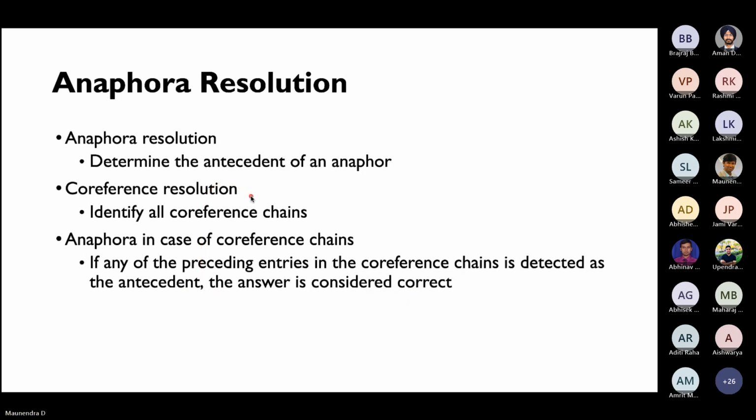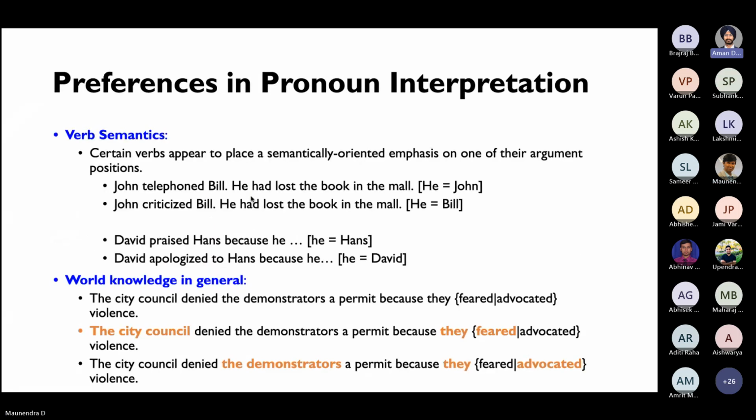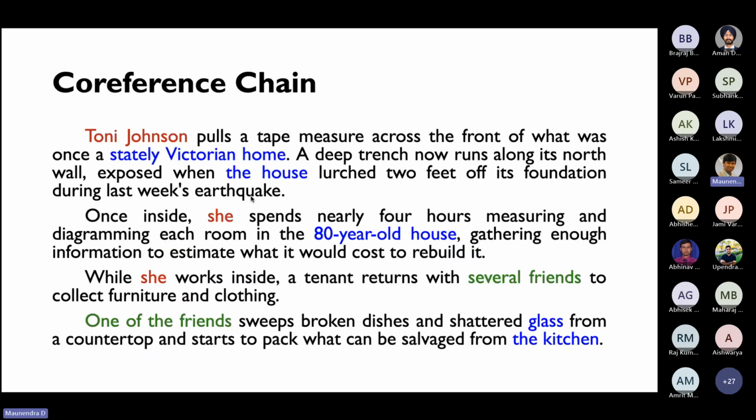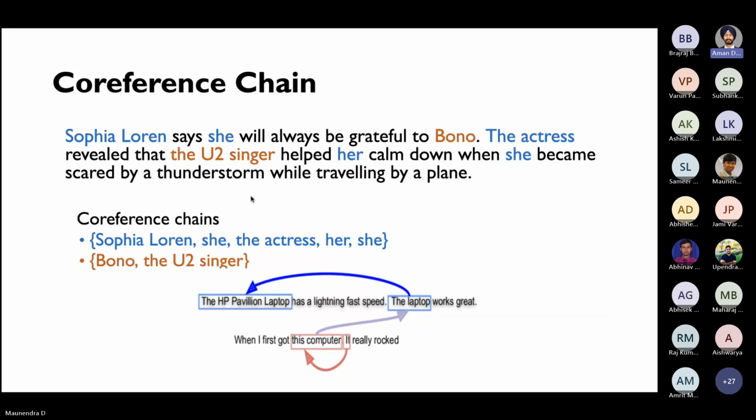Sure. And like in the last slide that you just presented on co-reference chains, there can be multiple co-reference chains coming out of that one sentence, right? And any of those co-reference chains, when they hold together in terms of the anaphor and the antecedent, then we call it correct.